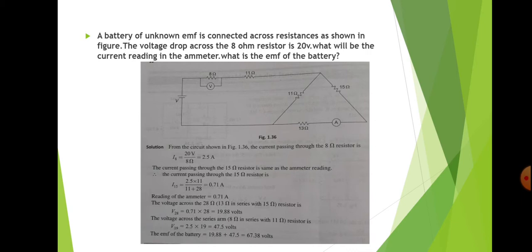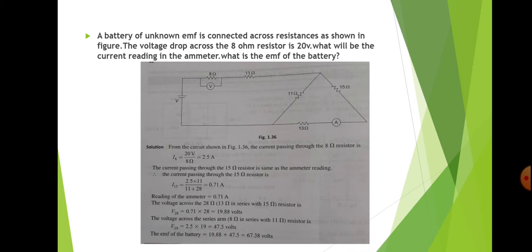You know that if you get the current through the branch which contains 8 ohm in series with 11 ohm, then you can easily find out the current through the series combination of 15 ohm and 13 ohm by using the current divider rule. You are given that the voltage drop across the 8 ohm resistor is 20 volt.